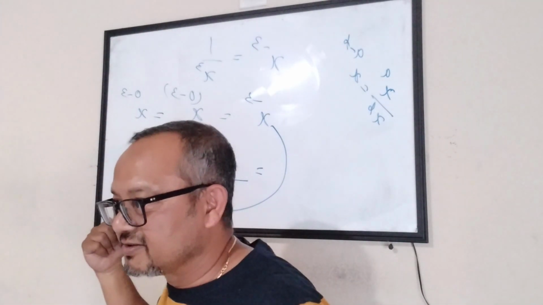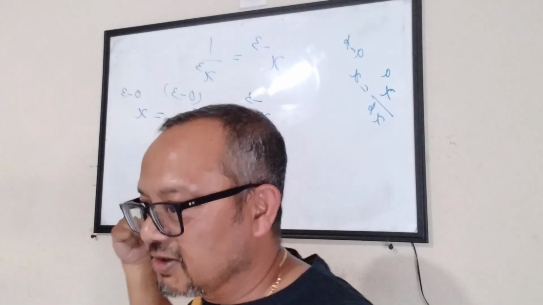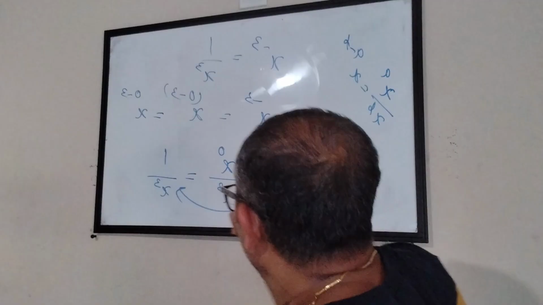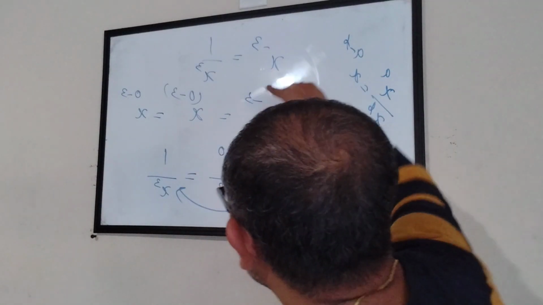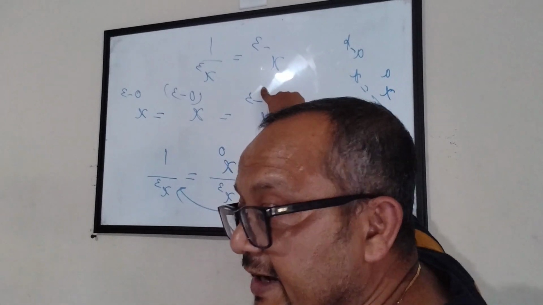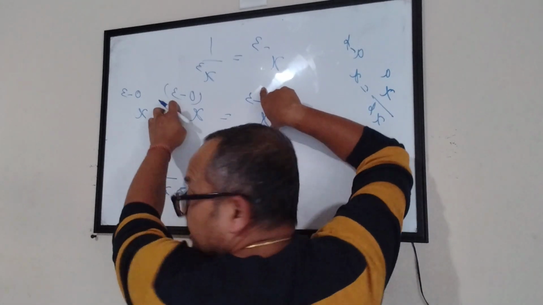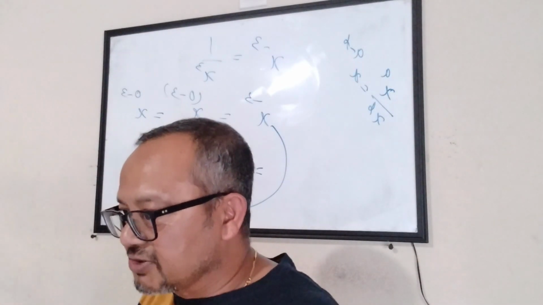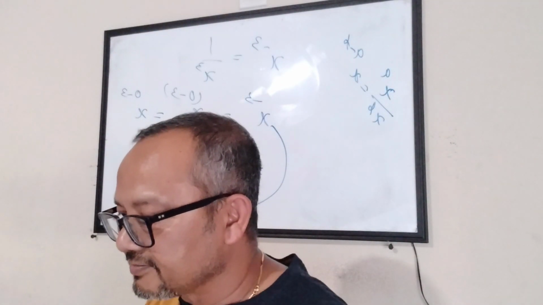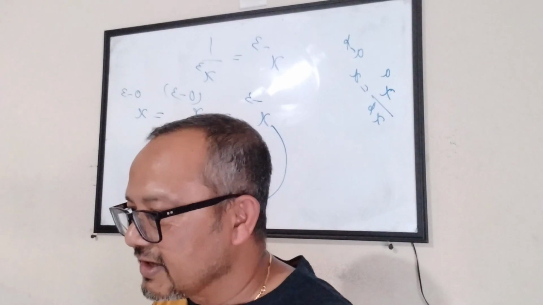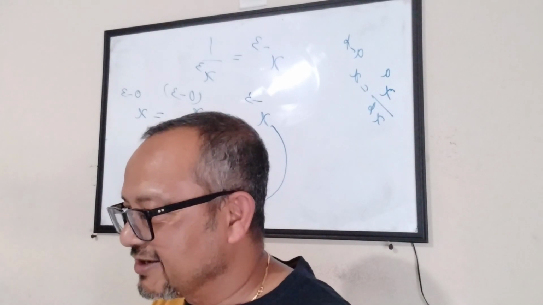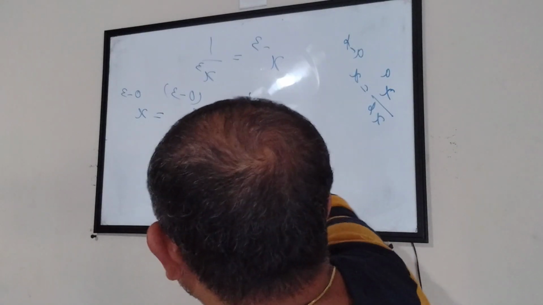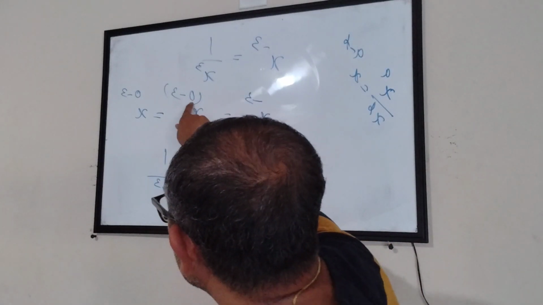But why? Are you able to relate it now? Again, look at this. x to the power minus 3, I can write this as x to the power 0 minus 3. Same thing, right? Minus 3 is 0 minus 3. Minus 2 is 0 minus 2. Correct? So x to the power minus 3 I am writing as x to the power 0 minus 3.